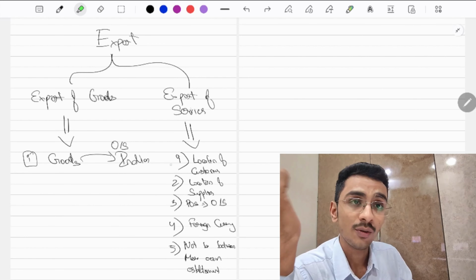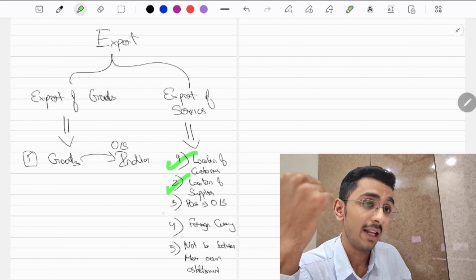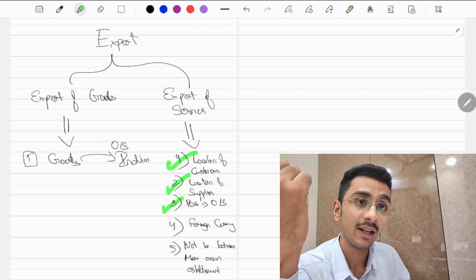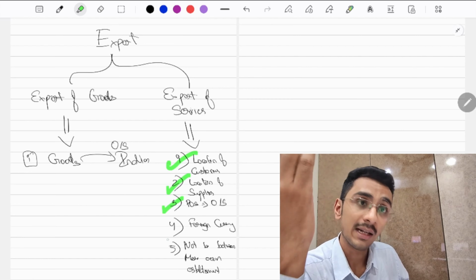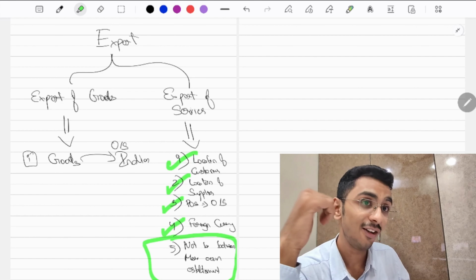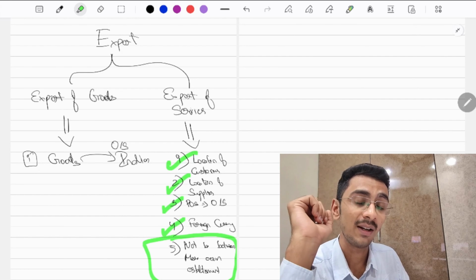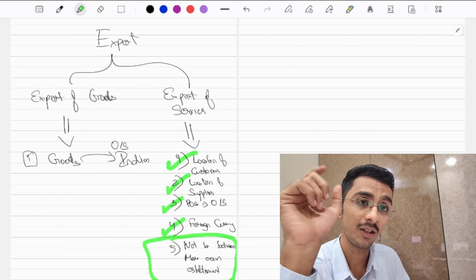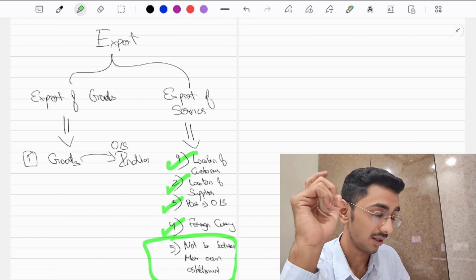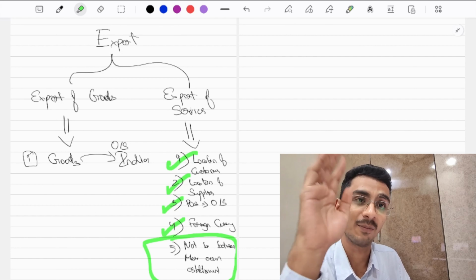Like, location of the customer should be outside India, location of the supplier should be within India, and the place of supply should be outside India, and the consideration should be received in foreign currency. And the fifth is kind of a crucial condition, that the transaction should not be between own establishment. We'll come to each point in detail probably in the upcoming video.